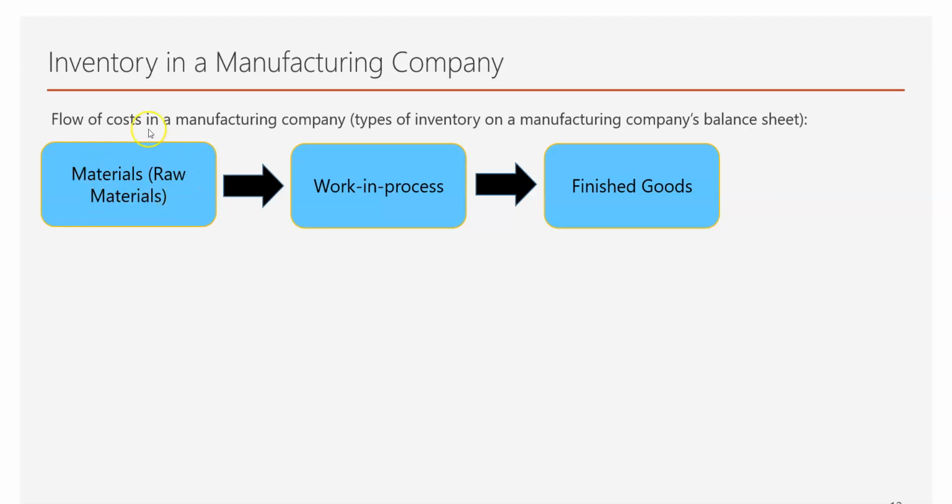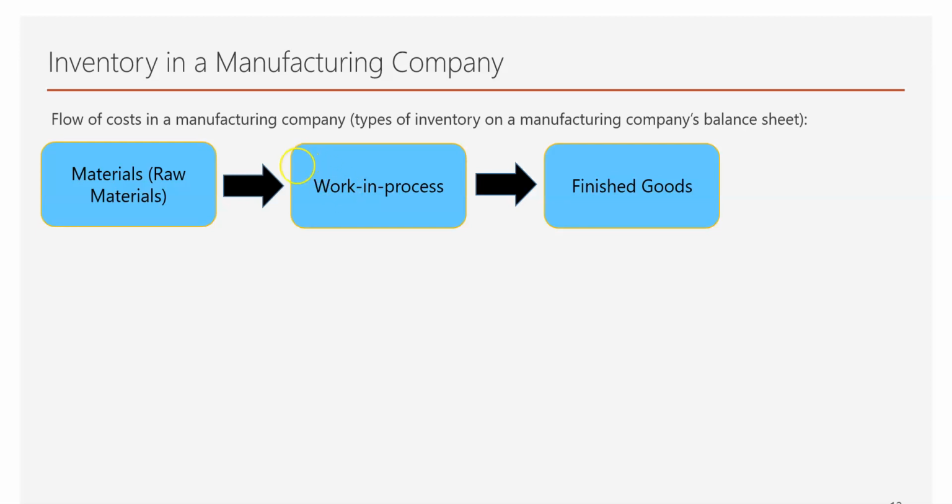So we buy these materials, and now we buy all the materials we need to make. And now, once we start producing some units, start producing some widgets or whatever it is we're making, we're going to transfer some of these materials to the production floor through a materials requisition process. And that's going to be now work in process.